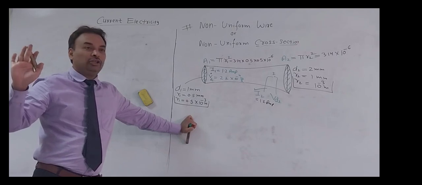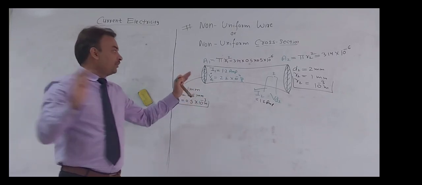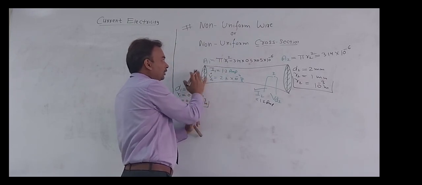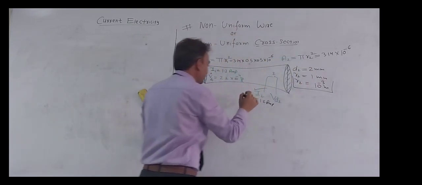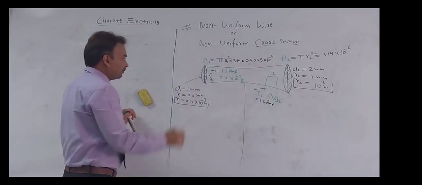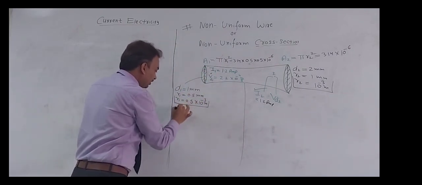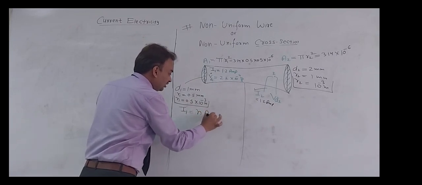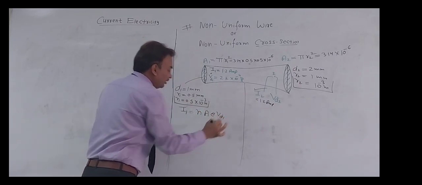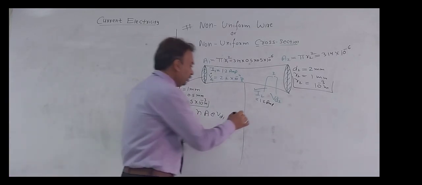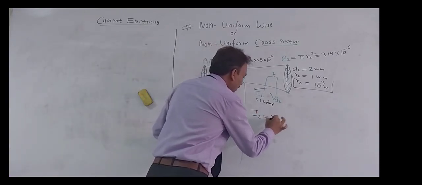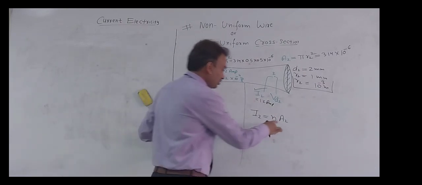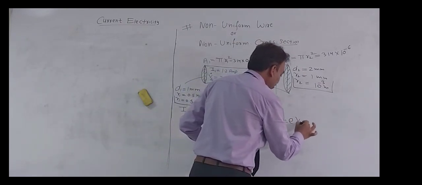To find VD2, I have to correlate the formula at A1 and the formula at A2. I1 is equal to N A1 e VD1, and I2 is equal to N A2 e VD2.